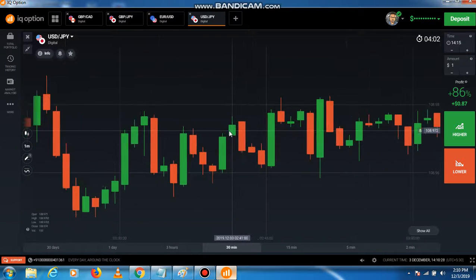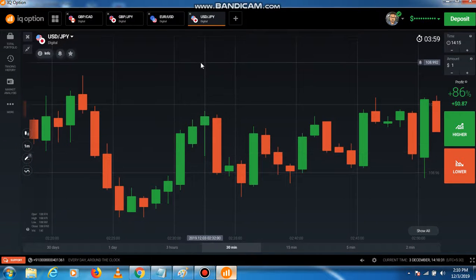Here I have taken one example. This is the 1 minute chart of USD/JPY. See, there's a green candle and you see a longer wick. The wick is one, two, three times longer than the body, and the body has closed above the previous candle. This is my previous candle, and it has a wick, and the body of my hammer has closed above.